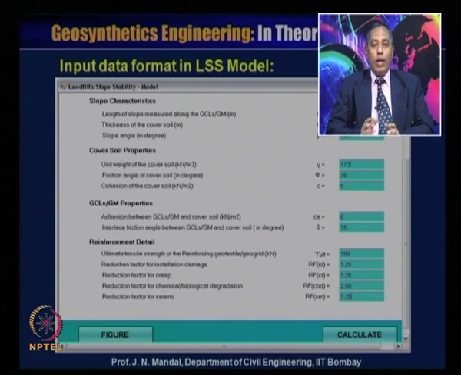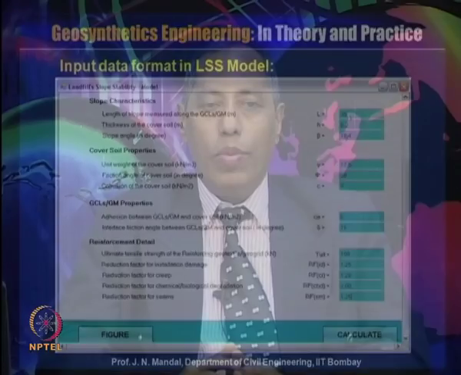So, you have to put in all this input data: the slope characteristics, the properties of the cover soil, the interface between the soil and the geomembrane material, and also the properties of the reinforcement.